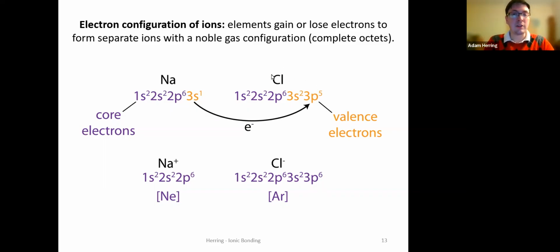In this case, we see chlorine is missing 1 valence electron in its outermost shell. So sodium can give its 1 electron to chlorine, and they both end up with the electron configuration of a noble gas. In the case for sodium, it ends up with neon's configuration. In the case of chlorine, it has argon's electron configuration.